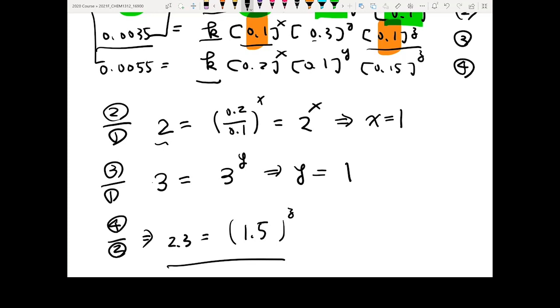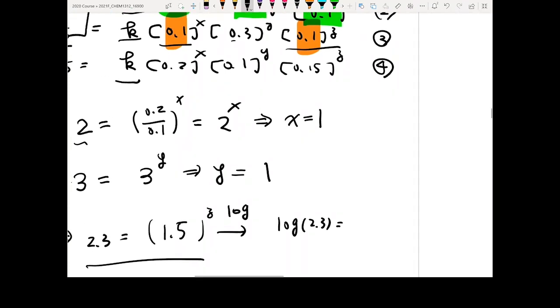Okay, when you use your calculator, make sure this is what you do, okay? So you take log on both sides. Then you're going to get log 2.3 equals log 1.5 to the z's power. And this is equal to z times log 1.5.